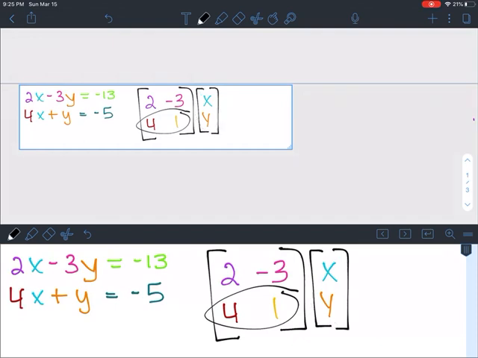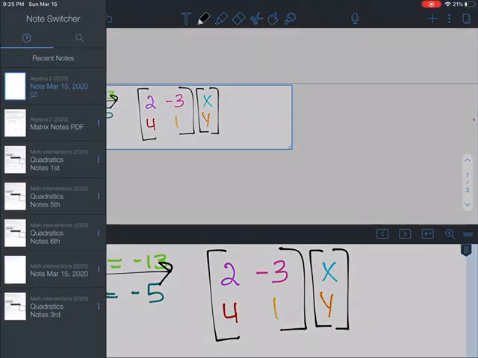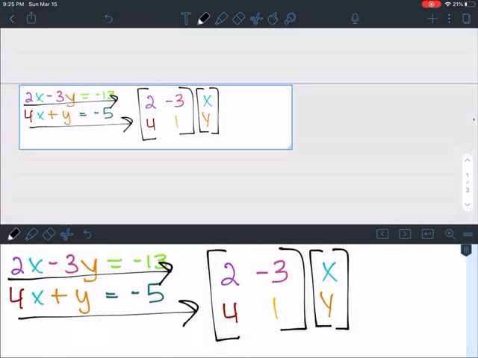So we can create these matrices from our system of equations by simply taking our coefficient matrix, which is the first, and multiplying it by a matrix made up of my variables. You always want to go in order from left to right. We're always working from left to right. That's why my 2 came first and then my negative 3.